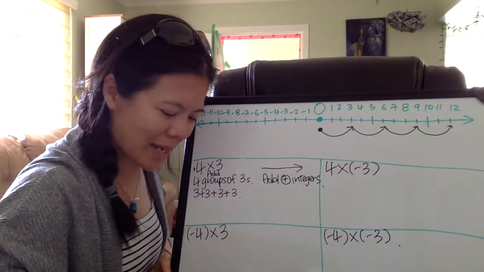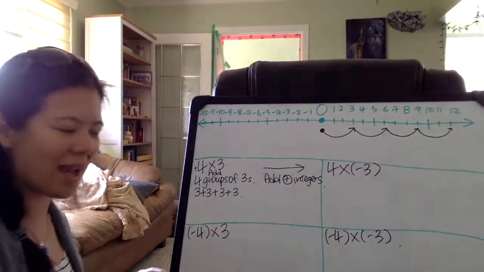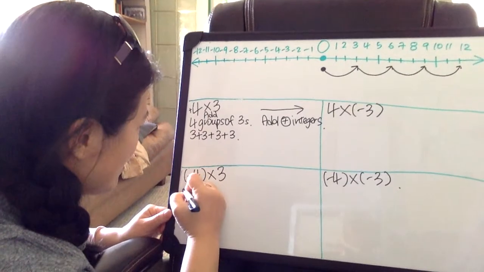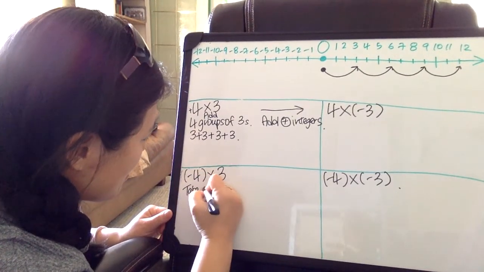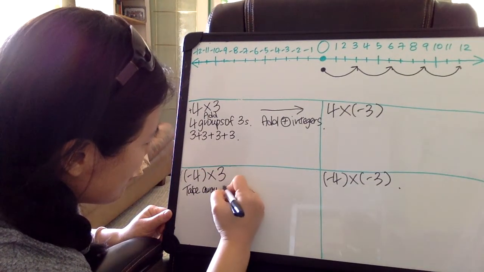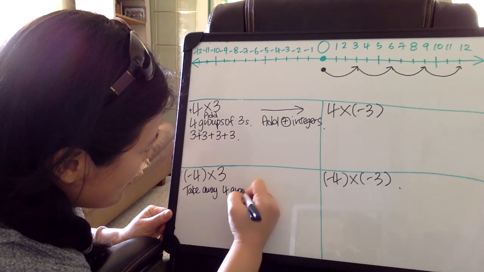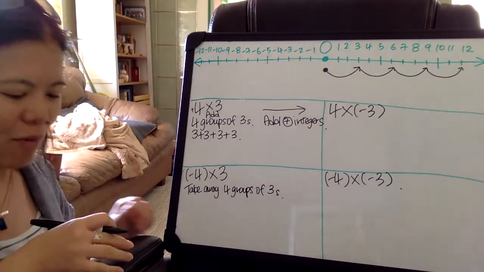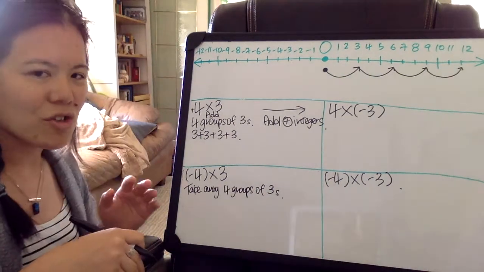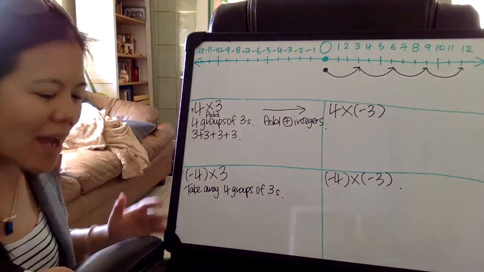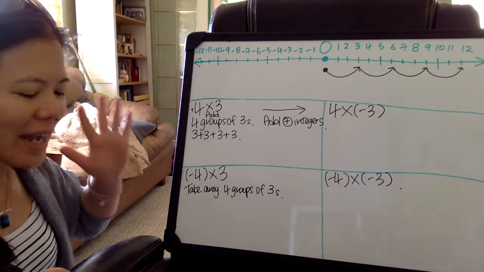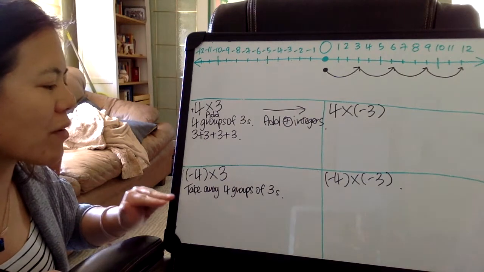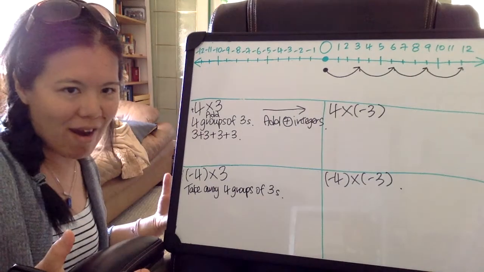Now what I'm going to do is take away 4 groups of 3s. Okay, what does that mean? So you take away 4 groups of 3s, and in this part it gets a little tricky, because when you're taking away 4 groups of 3s, which way are you going?